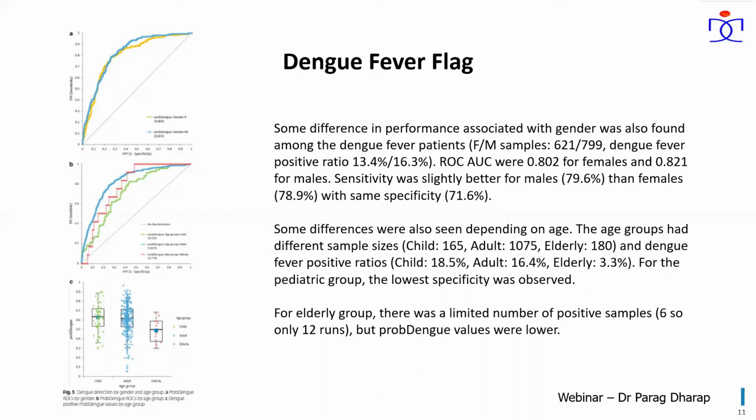For the elderly group, there was a limited number of positive samples, 6, yielding only 12 runs. The lowermost is a box plot of the dispersion of ProbPV flag scores across all three groups, in an age-wise manner from children to adult to elderly individuals.